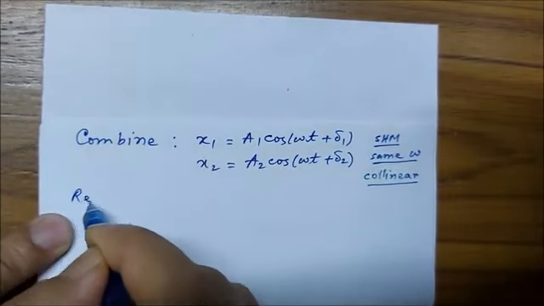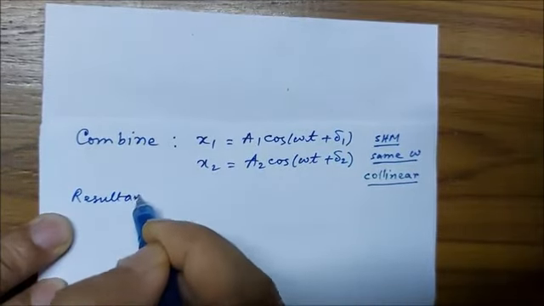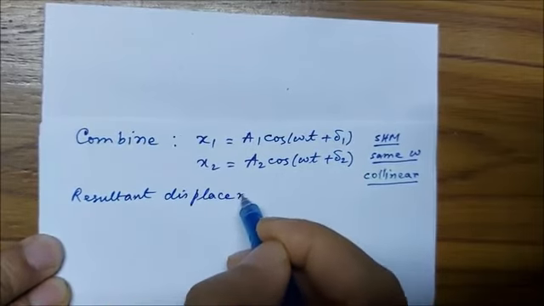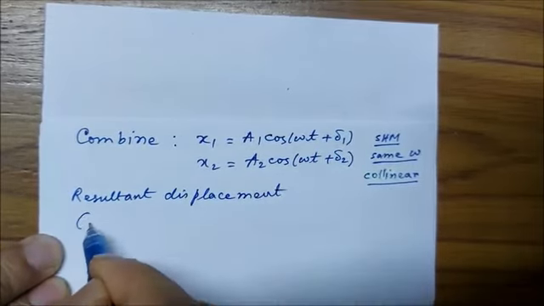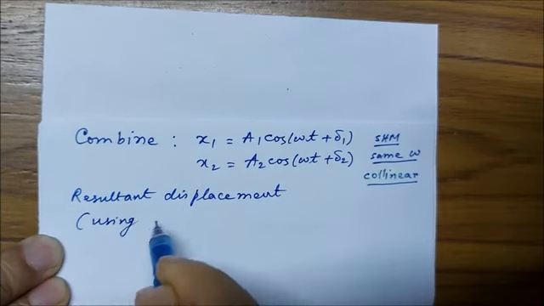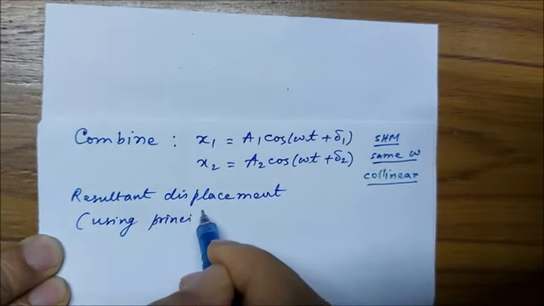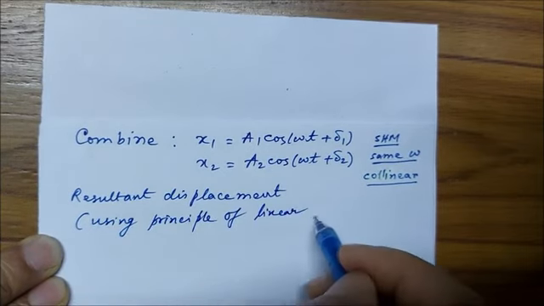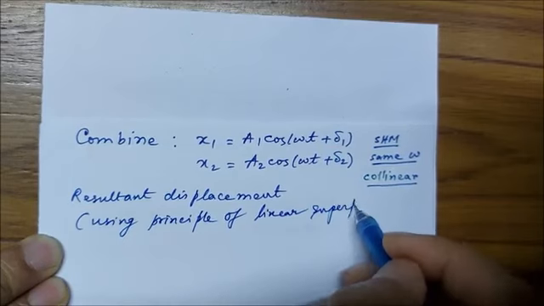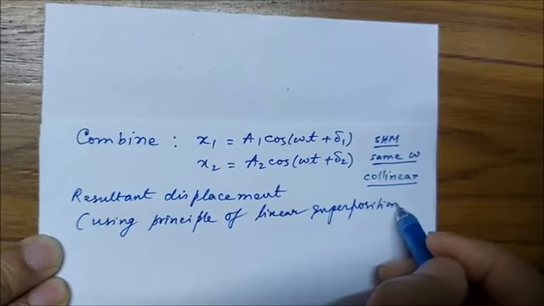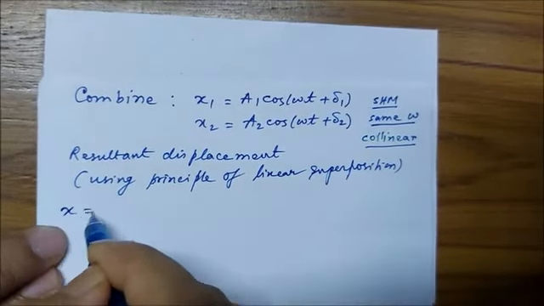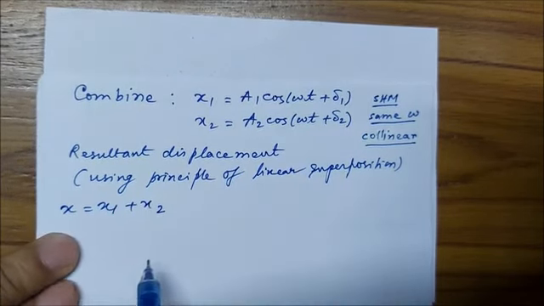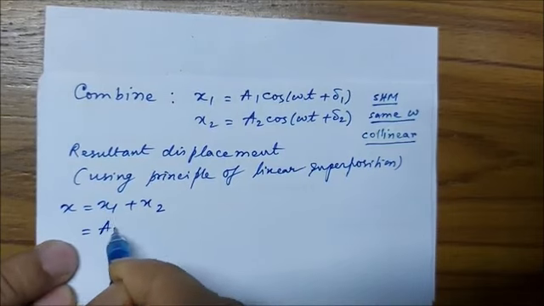The resultant displacement is using principle of linear superposition. X equal to x1 plus x2, and we can put the values.